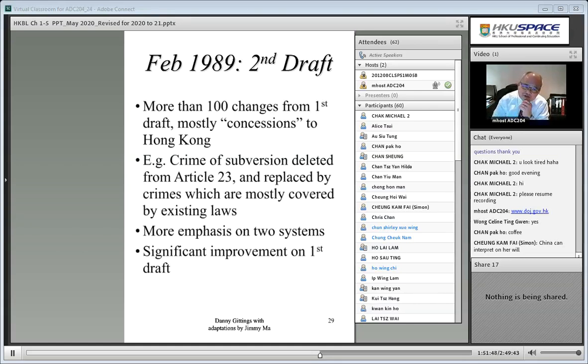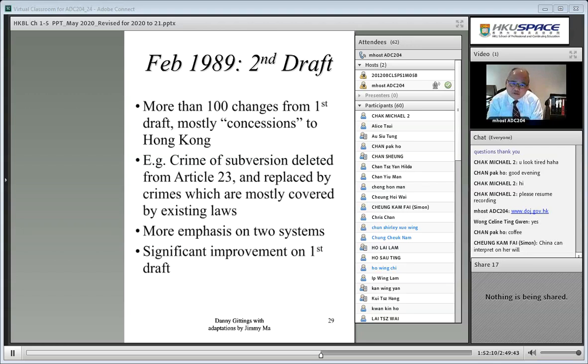More than 100 changes from the first draft, and mostly concessions to Hong Kong. What concessions? For example, the crime of subversion was deleted from Article 23 and replaced by crimes which are mostly covered by existing law.